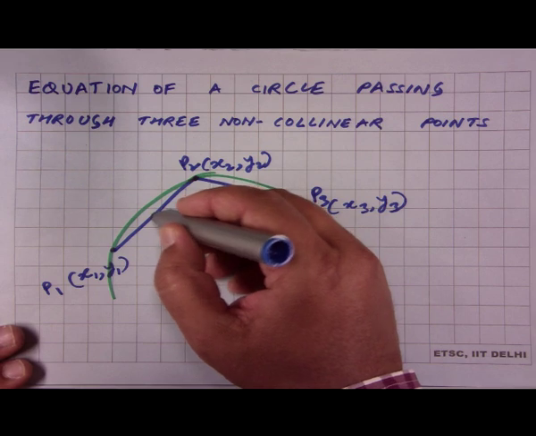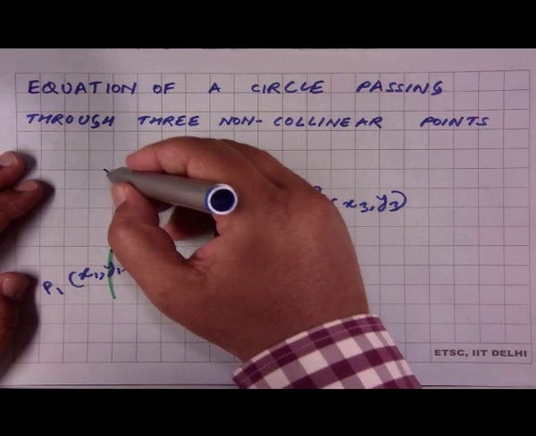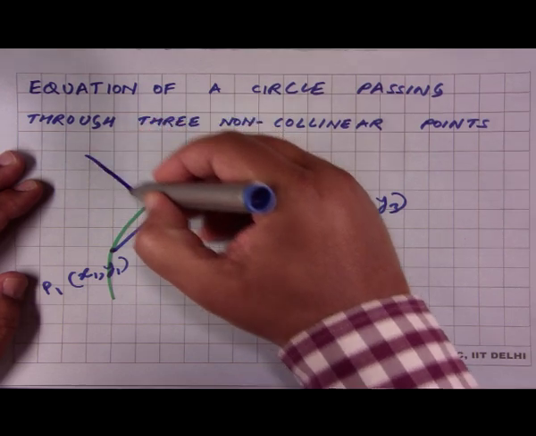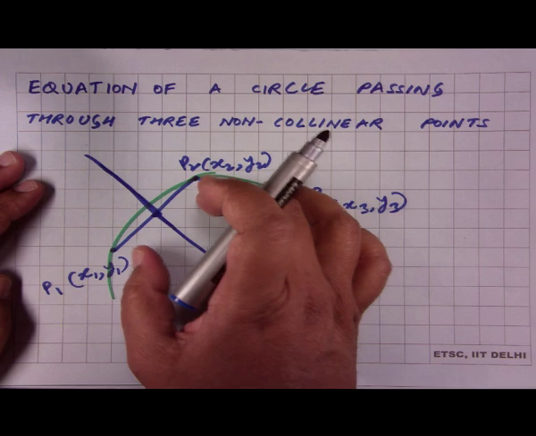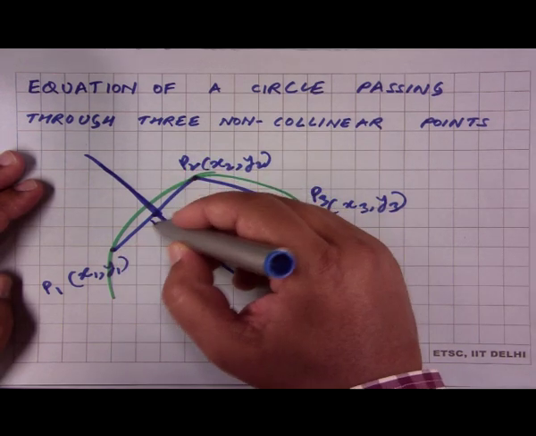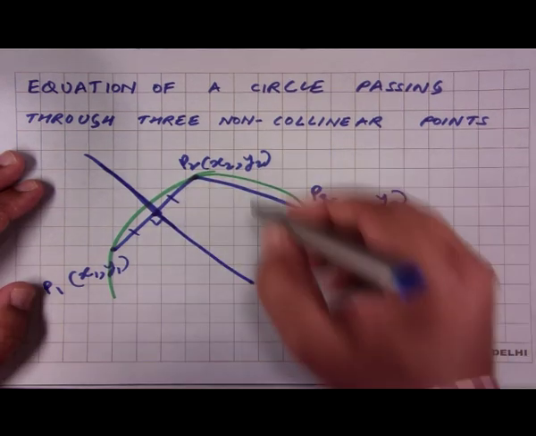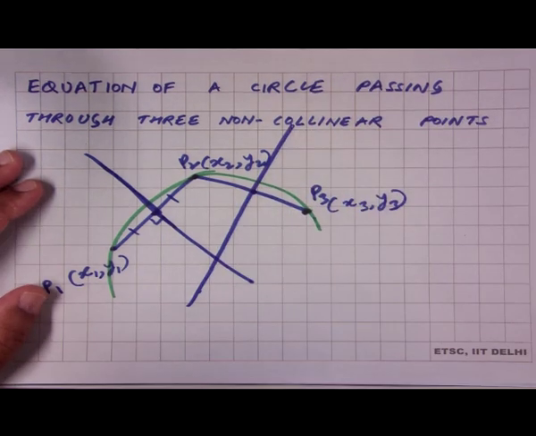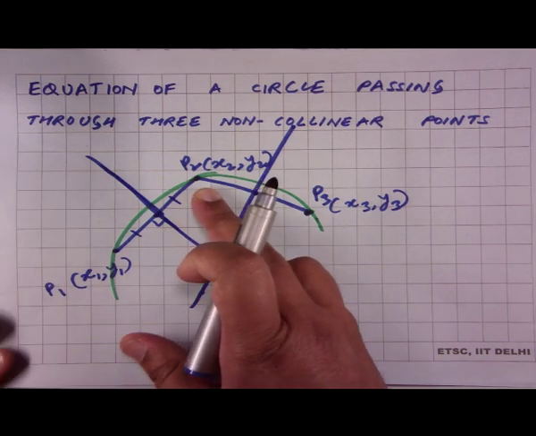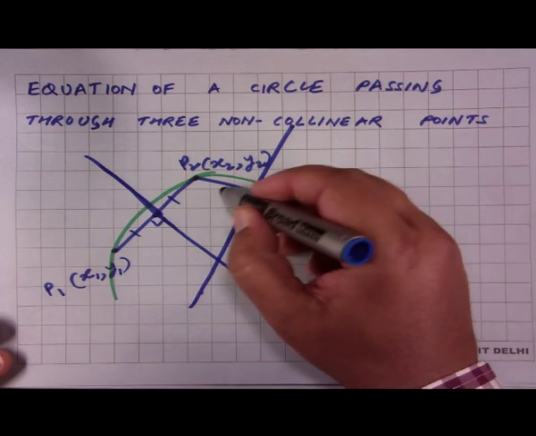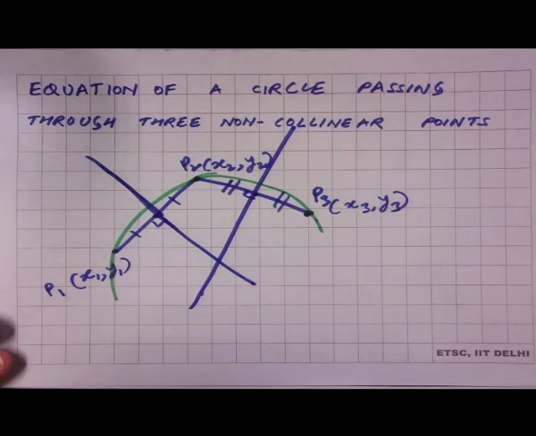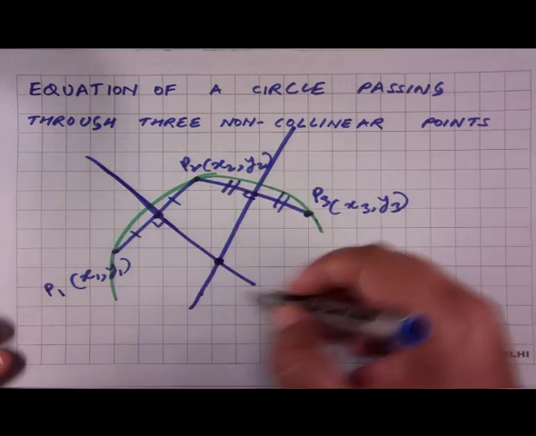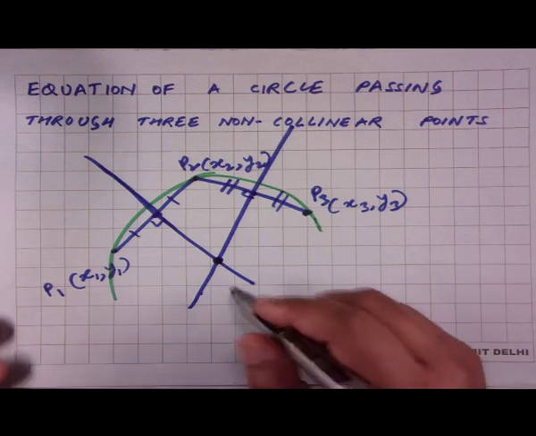We just need to construct, so let this line be the perpendicular bisector of the chord P1, P2. And let this line be the perpendicular bisector of the chord P2, P3.